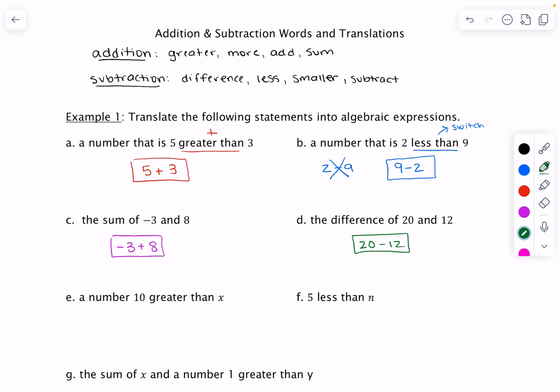Letter E, a number 10 greater than x. Greater than is addition, so that's 10 plus x. F, 5 less than n. Again, we do the part where we switch the two numbers if we have the word less. So it's going to be n minus 5.